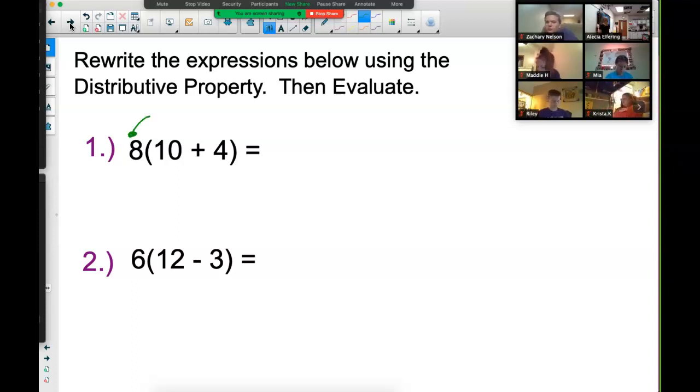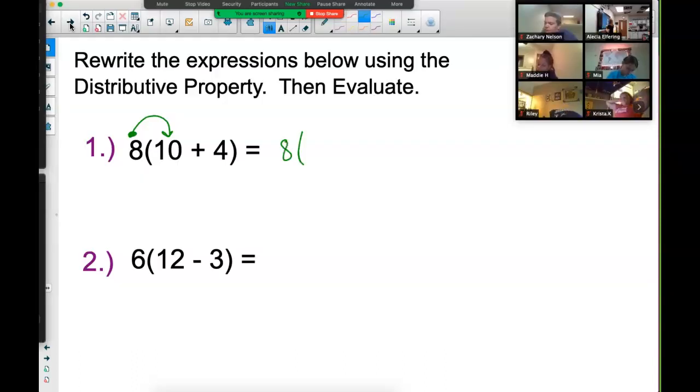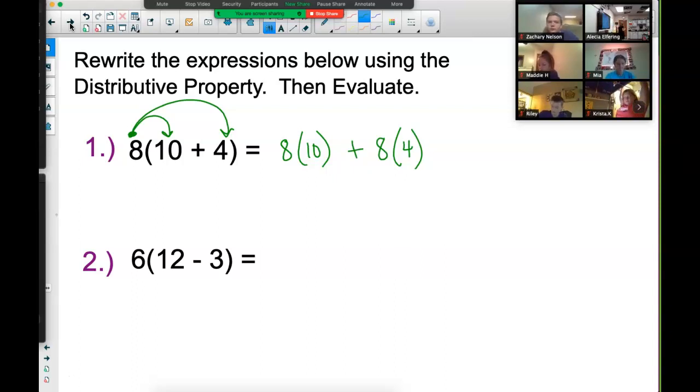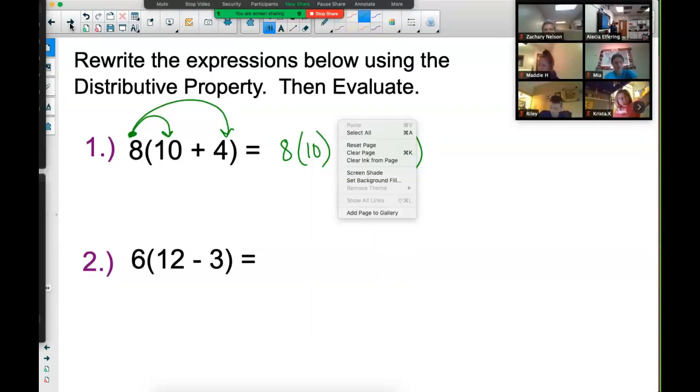The candy has to go to the 10. So you have 8 times 10. And the candy has to go with the 4. So the 8 has to go with the 4. So we have 8 times 4. In this case, we put a plus sign between them. So we've used the distributive property, and now we're going to evaluate.